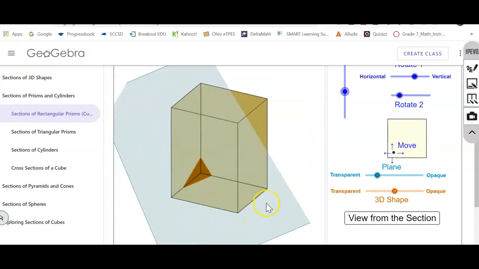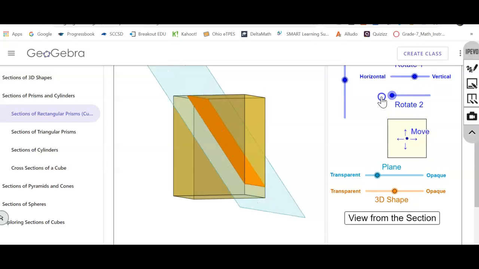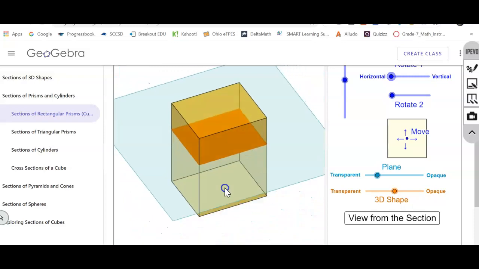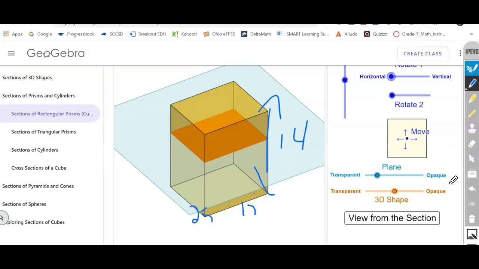All right. Now, let's go back to horizontal. All right, look at what we got. Here's our cross section. Now here's what you're going to have on your homework. You will have some questions where it will give you dimensions like this.